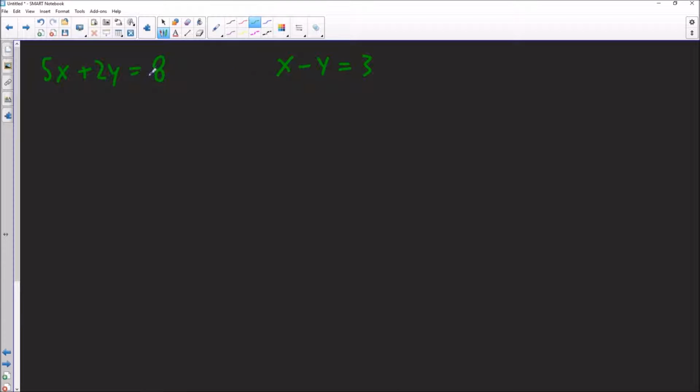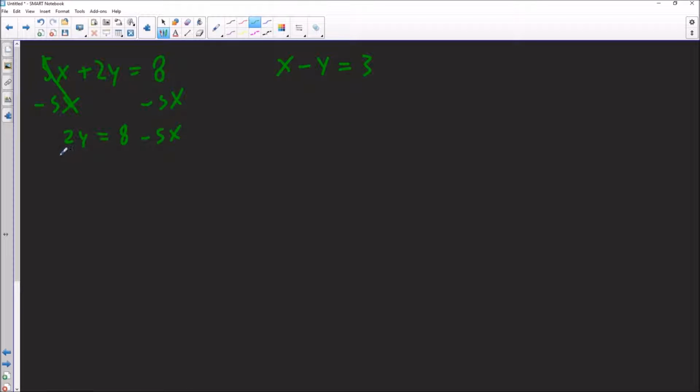Okay, those are two different equations. So what we're going to try and do is get y by itself for each of these. I'm going to start with this one. To get the y by itself, we need to move the stuff that's around the y to the other side of the equation. So we need to say minus 5x, minus 5x. Then we have 2y is equal to 8 minus 5x.